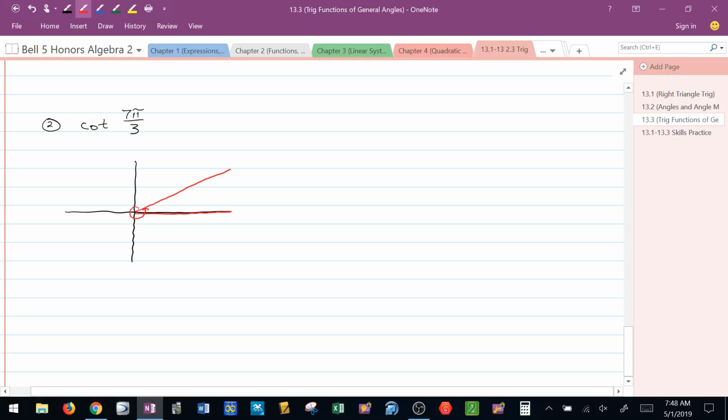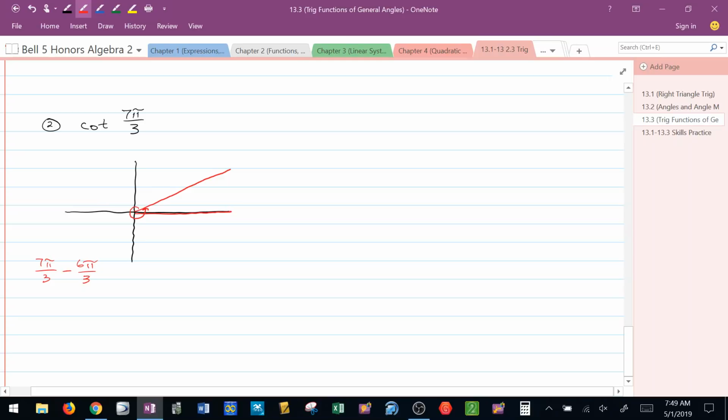All right? And then again, just so you see that angle, this would be that angle, 7 pi over 3. Now, I need to reference this into the first quadrant. And I noticed that this angle right here is a little bit beyond the initial side. So what I'm going to do is I'm going to say, all right, how far beyond? It's 7 pi over 3 minus 6 pi over 3. I took that extra turn around the circle off.